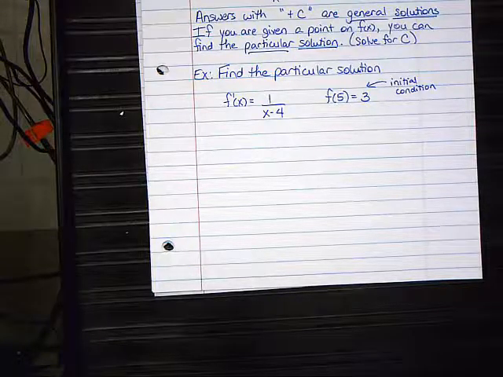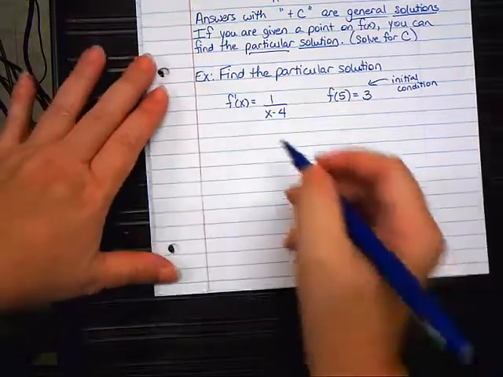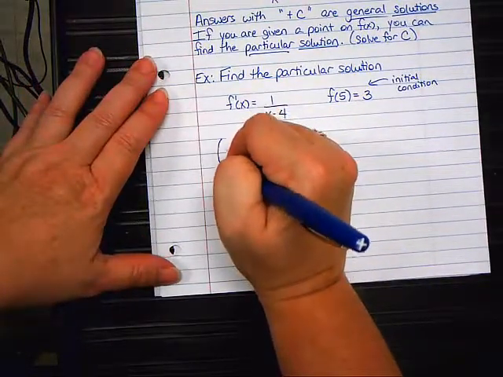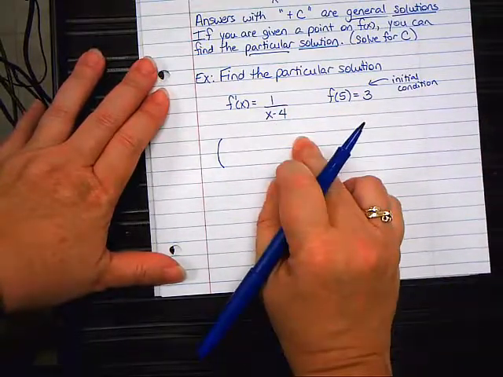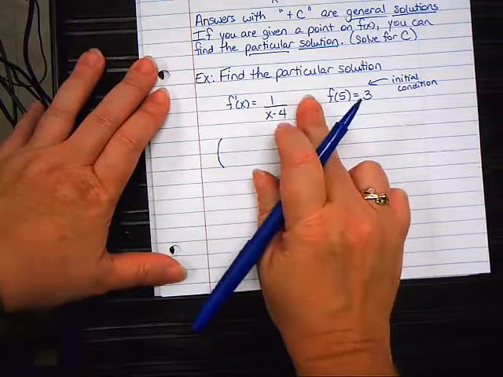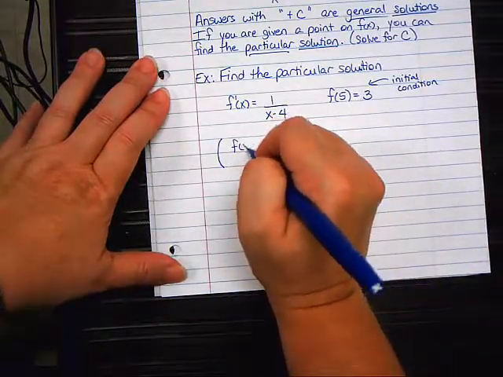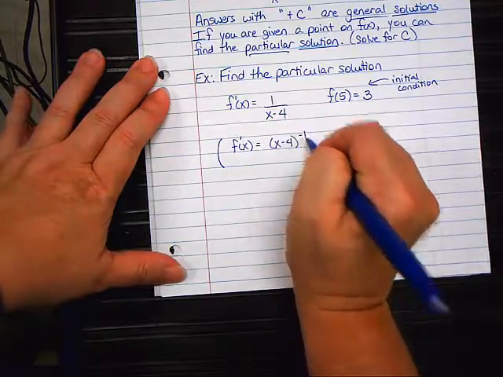Now, I am going to, on purpose, well, actually, let's do this. I want you to draw parentheses right here, and you'll see why in a minute. If we tackle this problem just like the one we just finished doing, kind of makes sense to do that, doesn't it? To bring it up. So you would say that f prime of x would be x minus 4 to the negative 1 power.